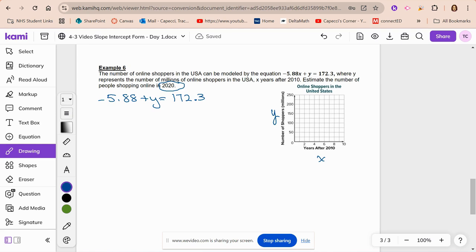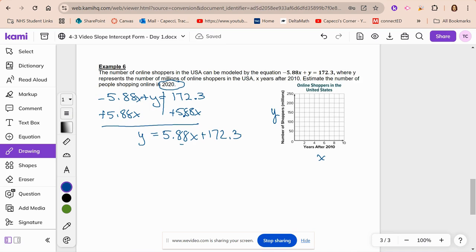Okay, so I wrote the equation. Again, I'm going to add that 5.88x. Slide that in there. So I have y is equal to 5.88x plus 172.3. Okay, so although I have it in slope-intercept form, this 5.88 is tough.